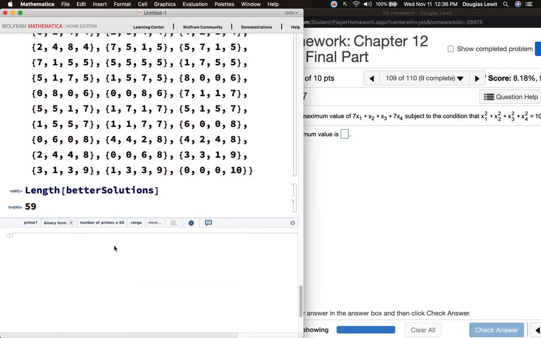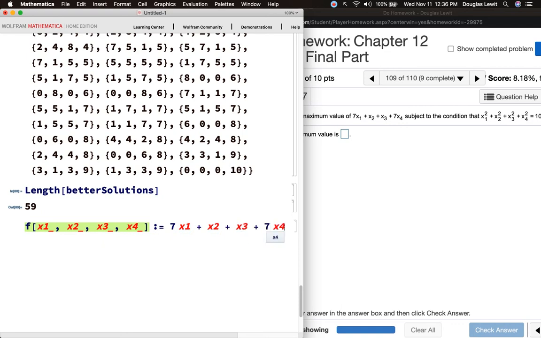So I'm going to have a function f[x1, x2, x3, x4] equal to 7 times x1 plus x2 plus x3 plus 7 times x4.